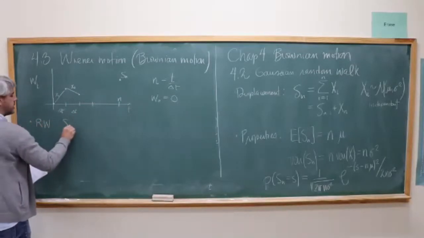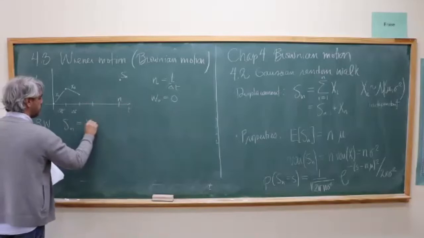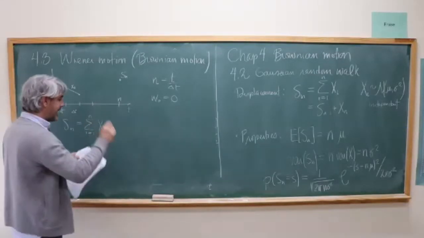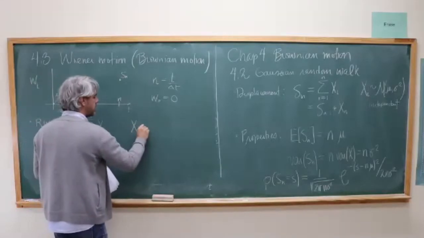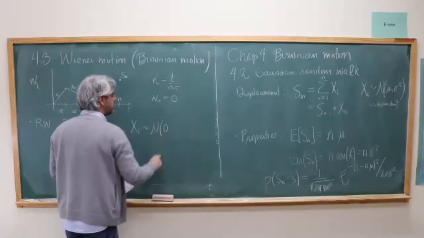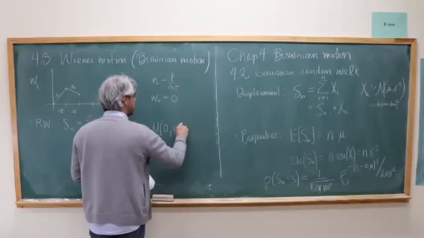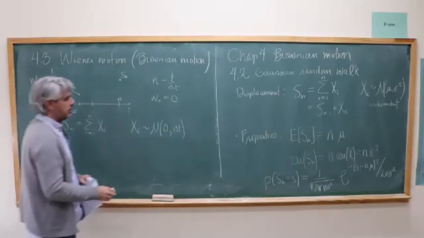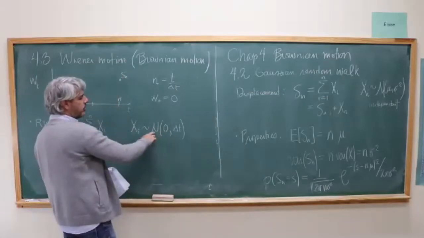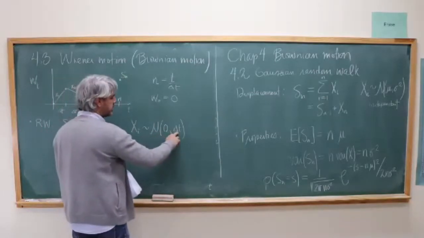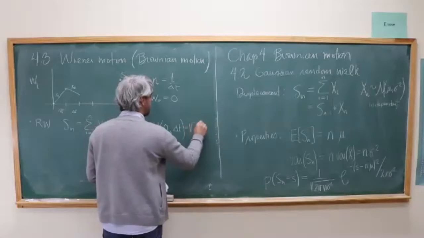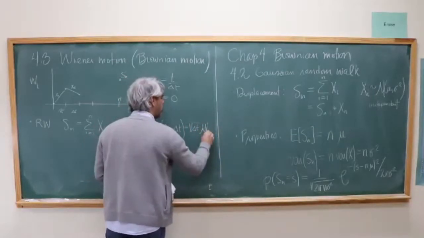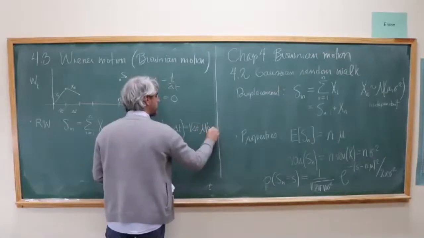Okay, so I have the random walk. The random walk is Sn, just like before. It will be a sum from 1 to n of the displacements. But now, this is the special recipe. I need to take the displacement to be of 0 mean and variance delta t. And then we'll see why I choose this. Now, if you have a normal random variable which has 0 mean and variance delta t, this is the same as multiplying square root of delta t with a normal random variable with mean 0 and variance 1.